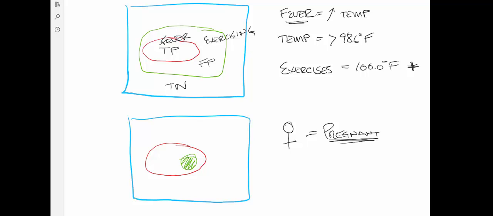And we would say all of these people right here were positive for pregnancy, but there's a whole bunch of women out here who are female but not pregnant. And that's a test that just isn't helpful for us either. It's got its own set of problems.